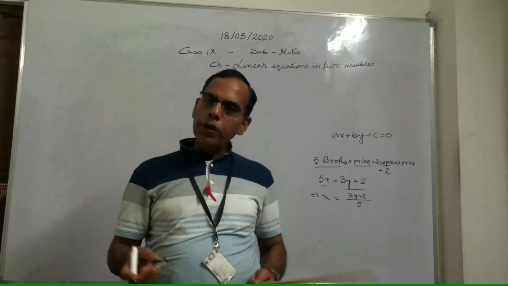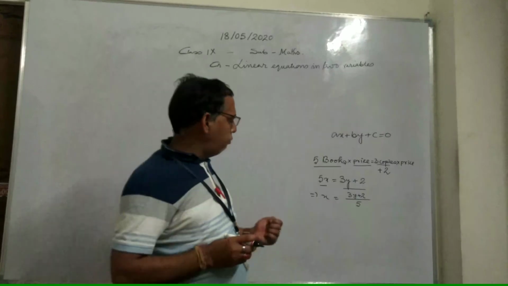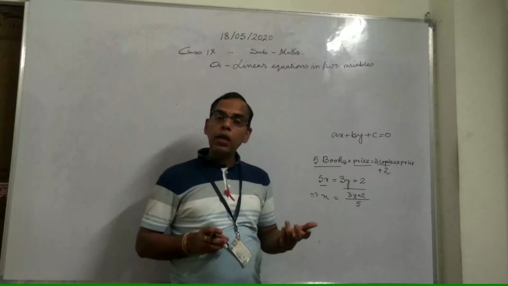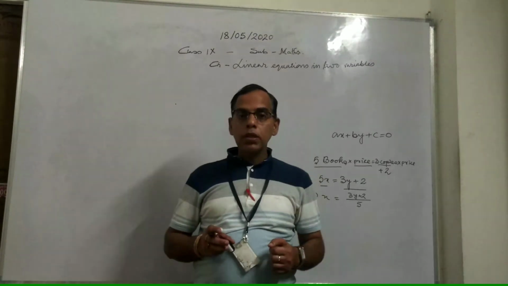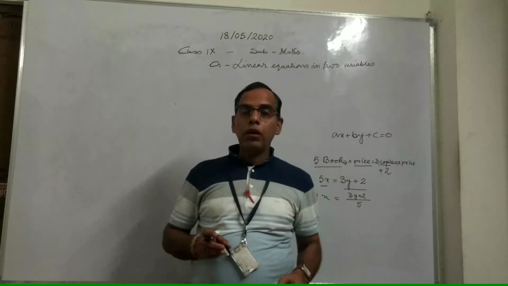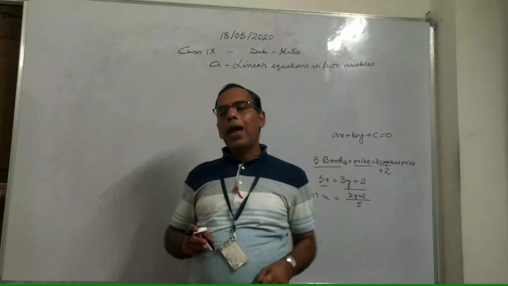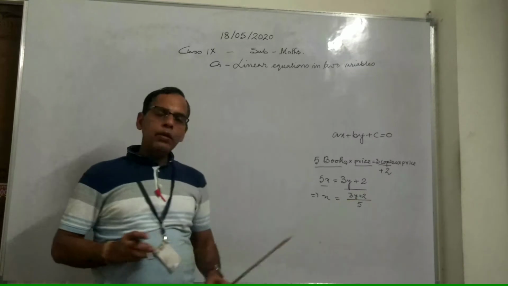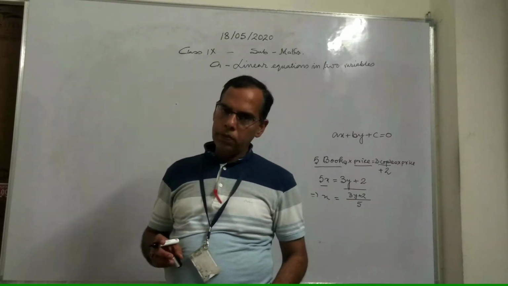Clear? But on the other side, you may think, sir, if we convert y in terms of x, definitely in that case, if x is there, you will get y. That means by knowing x, we are getting y. That means y depends on x. Here, x depends on y, and that's the reason it is known as a dependent equation.